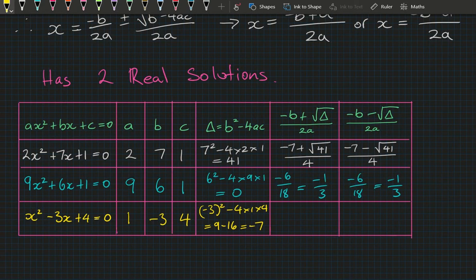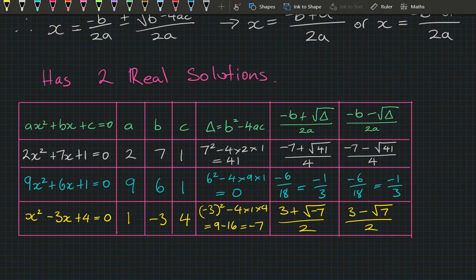So our first solution would be 3 plus the square root of minus 7 divided by 2, and the second one is 3 minus the square root of minus 7 divided by 2. All of those numbers we found there were just using the a, b and c from the equation. And while doing the algebra at the start there to show you how we get that equation can seem a little bit complicated, using it is really straightforward, as you can see.